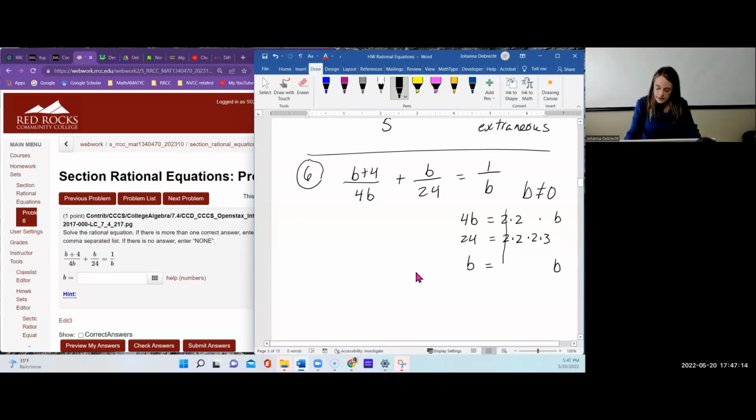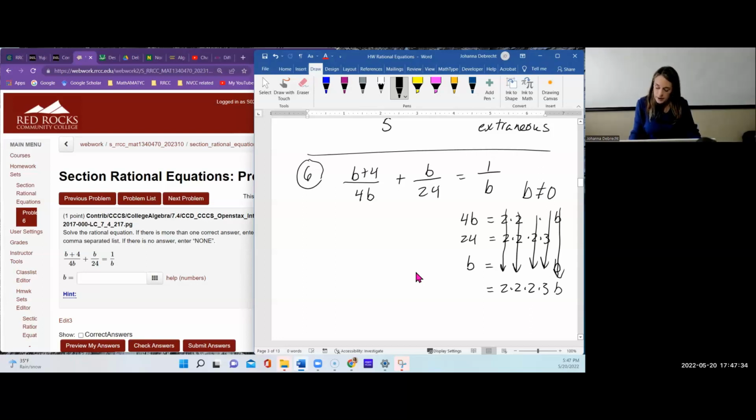Now I draw lines to indicate what the lowest common denominator of all of these little denominators is. I need 3 2's because 24 needs 3 2's. I need 1 3 because 24 also needs the 3.